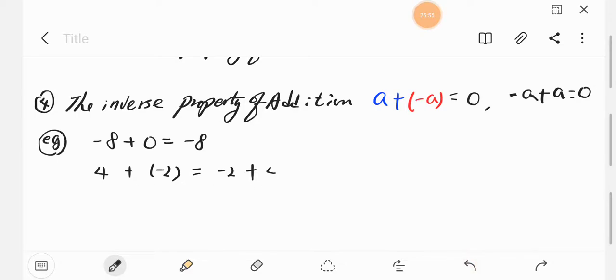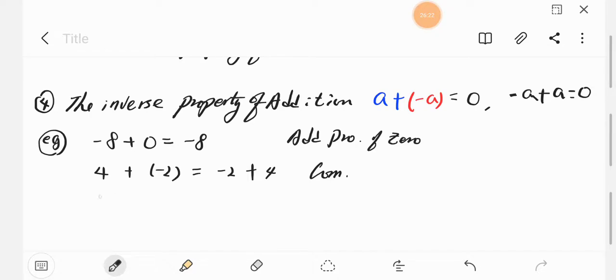That is the commutative property of addition, because we are just exchanging the order. The first one is the addition property of 0.